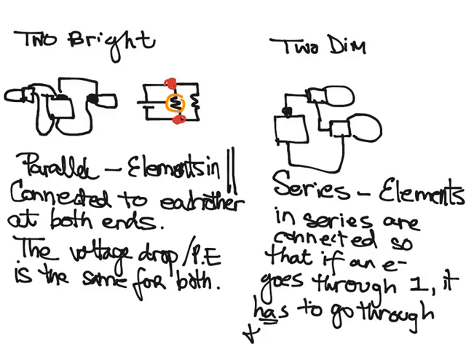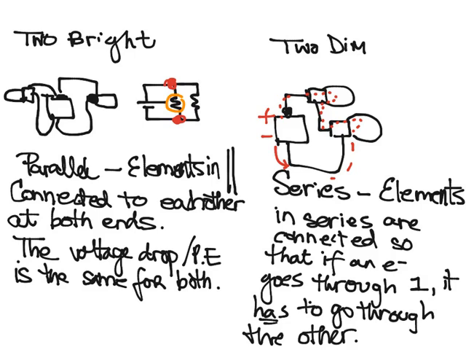Okay, so if you think about it, say that here is our positive side and here's our negative side of the battery. Our electrons are going through the wires, and if you go through one of your light bulbs, then to get through the battery, you have to go through the other light bulb.